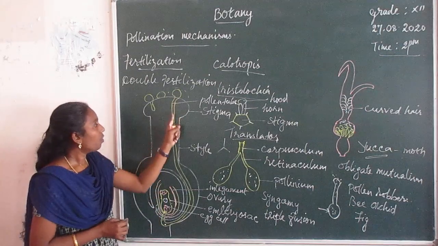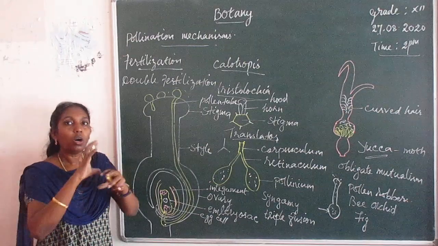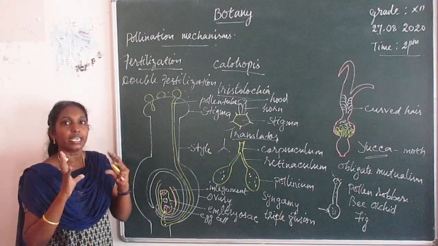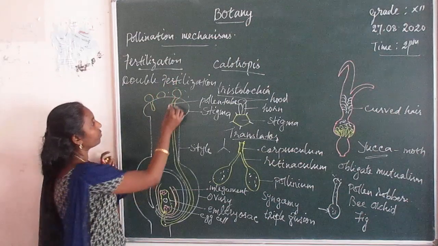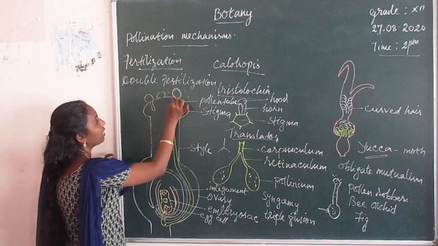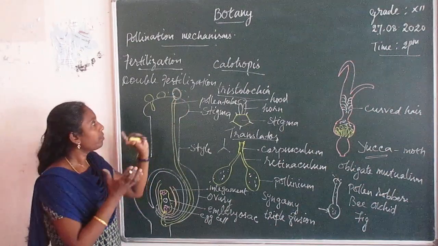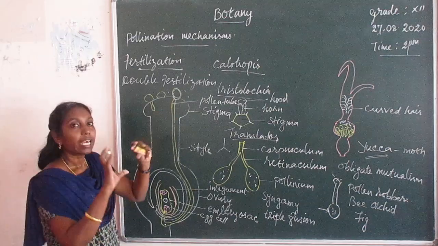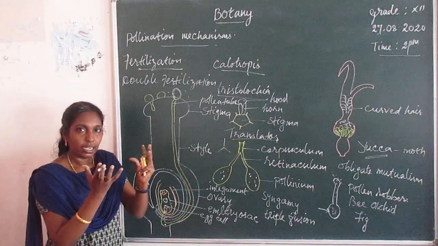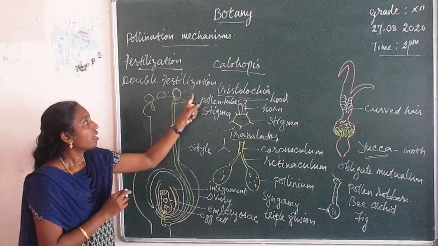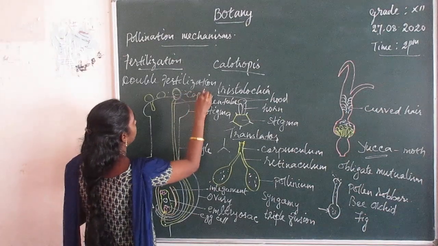When the pollen tube develops, all the contents are deposited in the extreme tip of the pollen grain. The extreme tip of the pollen grain is hemispherical in shape, and this region is called the cap block.